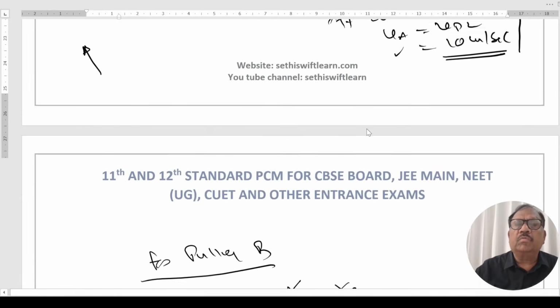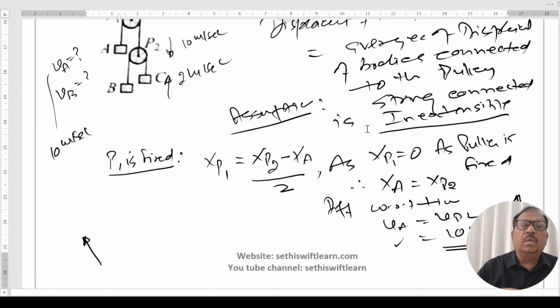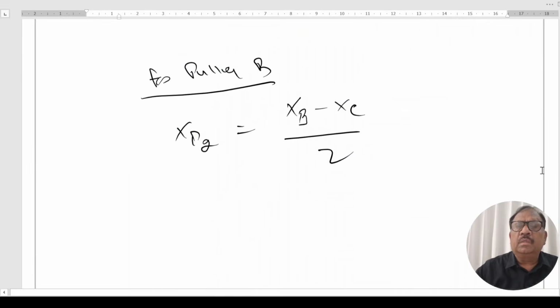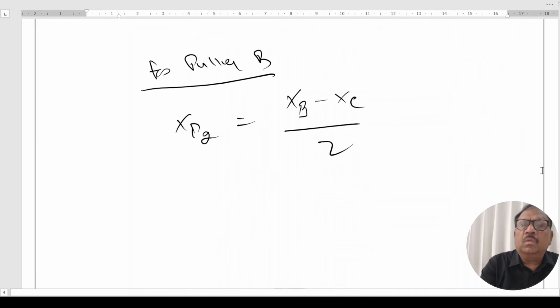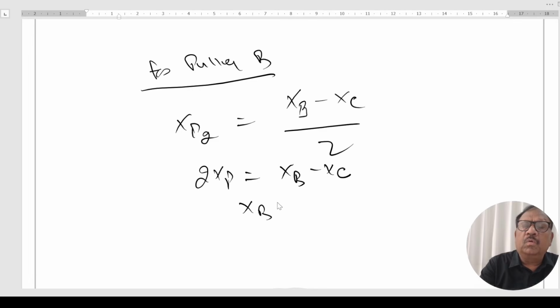In this case, we have considered this is moving upward, so this will move downward, right? Twice XP2 will be equal to XB minus XC. So XB will be equal to twice XP2 plus XC.